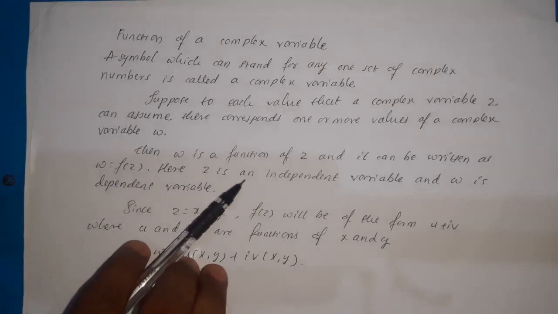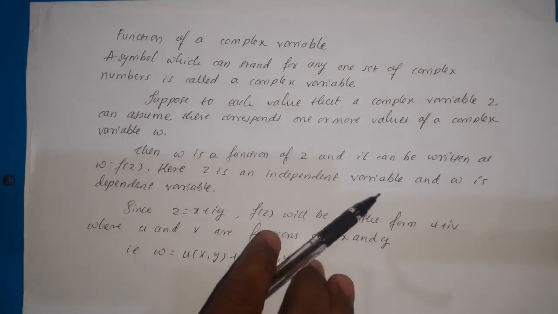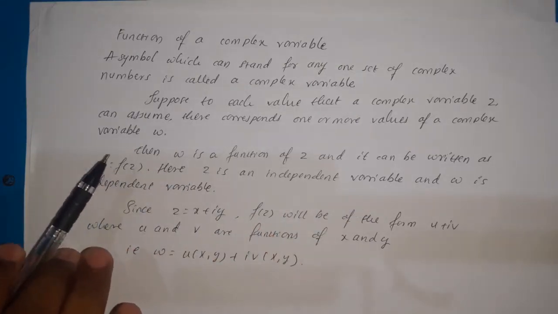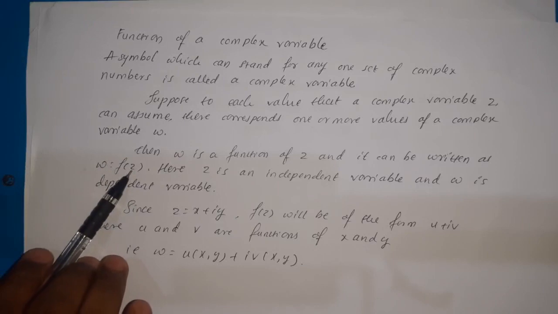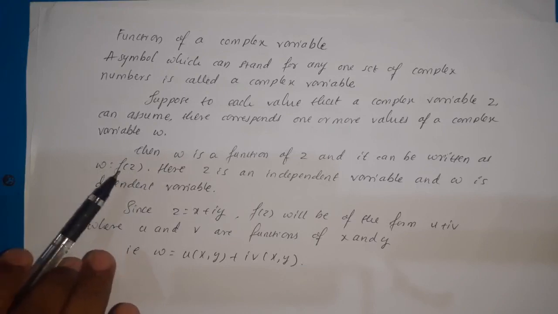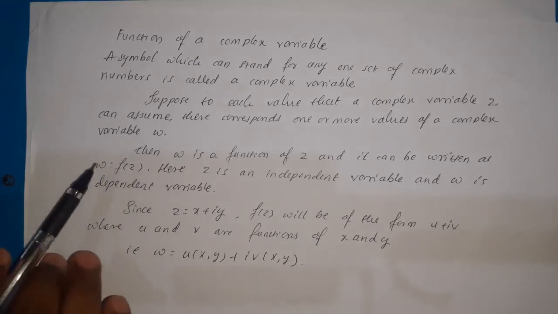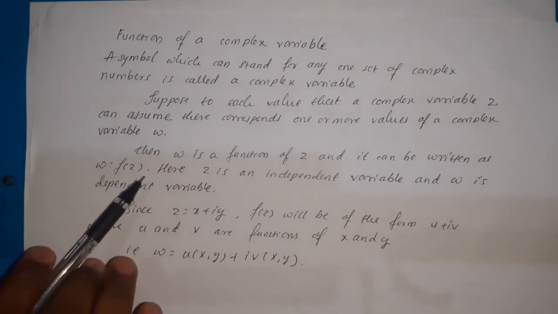So here z is an independent variable because the function completely depends on the variable z. Therefore w is equal to f of z is a function of z, and z is independent and w is dependent because w depends on z.